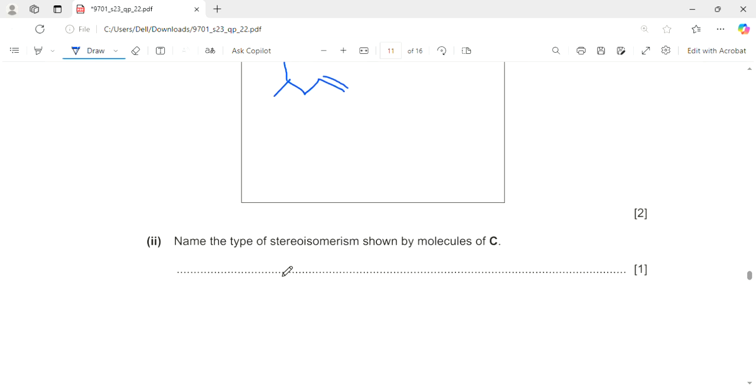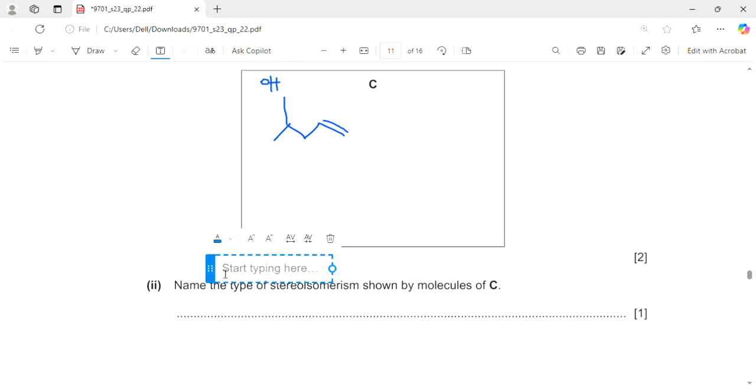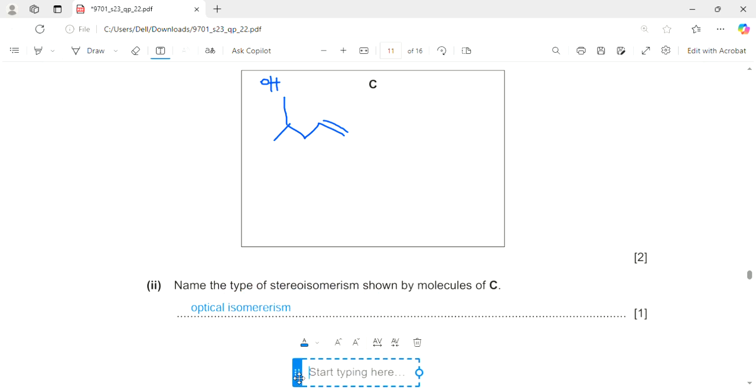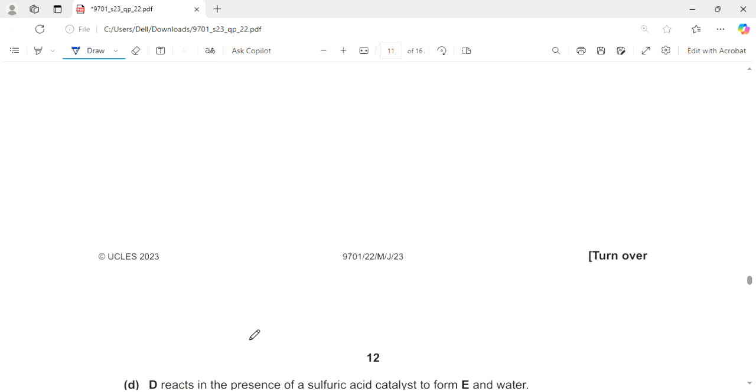Name the type of stereoisomerism shown by molecule C. What type of isomerism does C show? We know it shows optical isomerism. Optical isomerism.